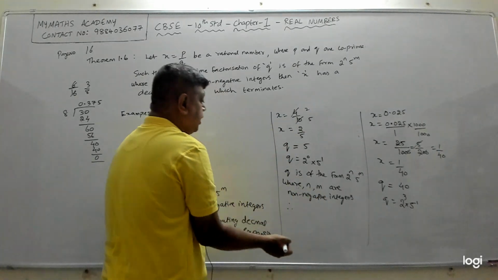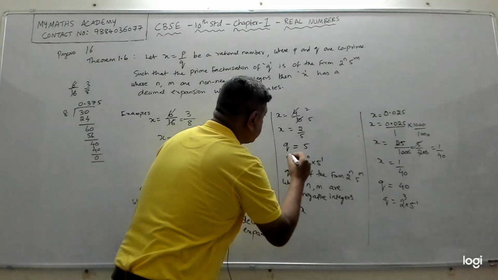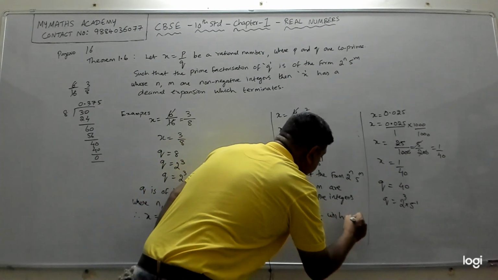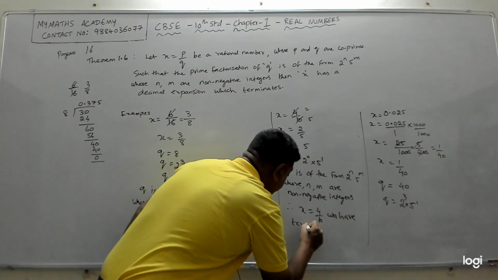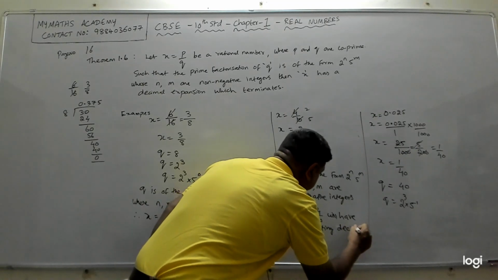Therefore, using this theorem 1.5, we can say x, which is equal to 4 by 10, will have a terminating decimal expansion.